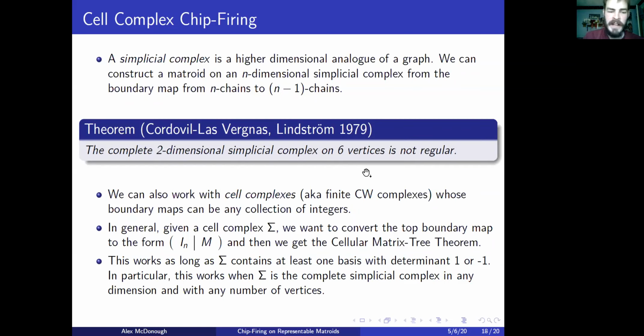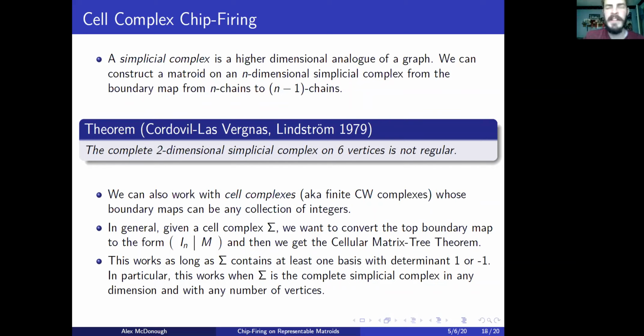And one nice thing is that if sigma is the complete simplicial complex in any dimension with any number of vertices, then there's always a basis of determinant 1 or -1. I mention this partially because the precursor to the cellular matrix tree theorem was by Gil Kalai in 1983.